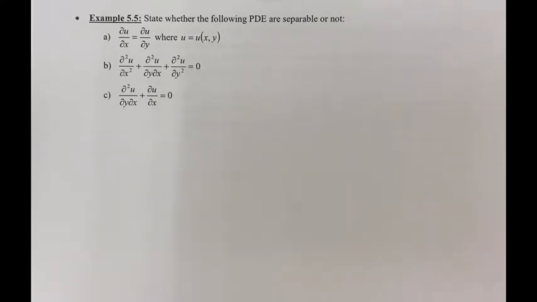So the first example, you have del u over del x equal to del u over del y, and u is equal to u(x,y).